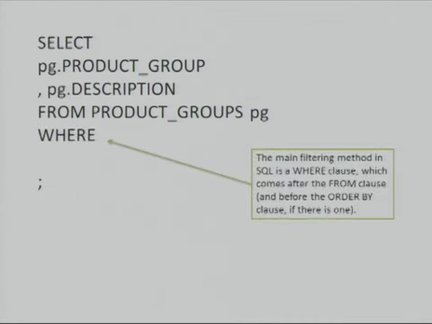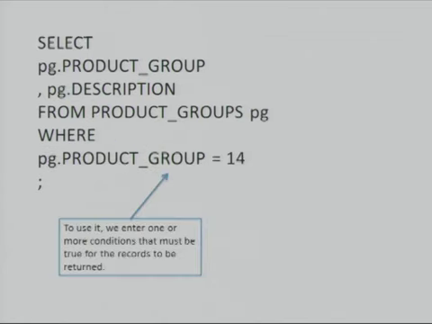The where clause comes after the from clause, and it contains one or more conditions that must be true in order for that row of the table or tables to be returned in your results. The structure is usually a column from one of your tables, some sort of operator like equals or greater than or less than, and then some value.